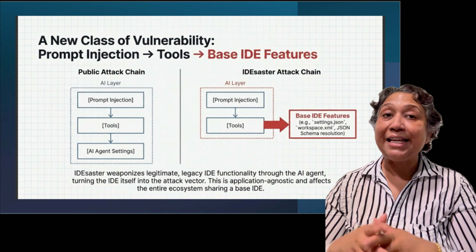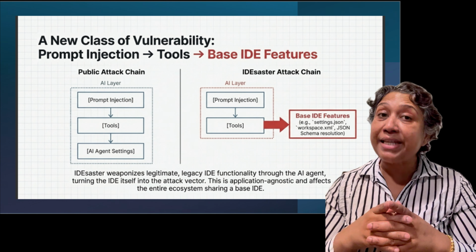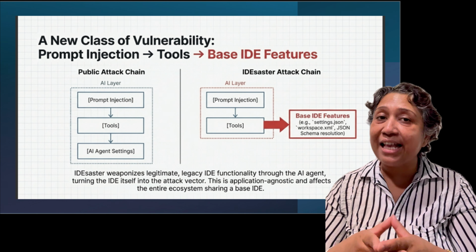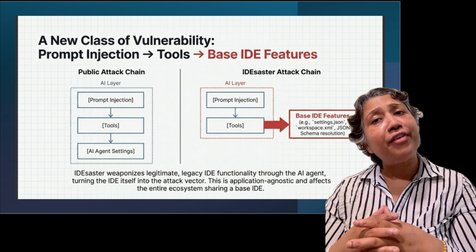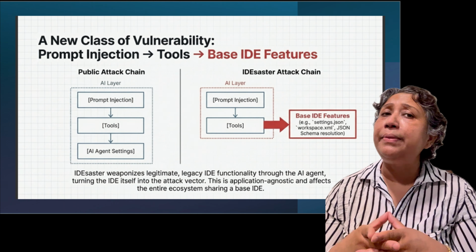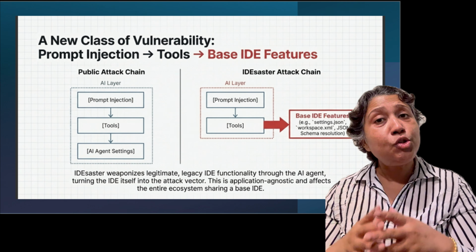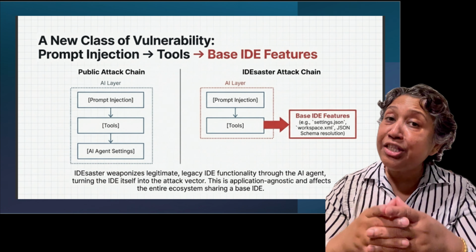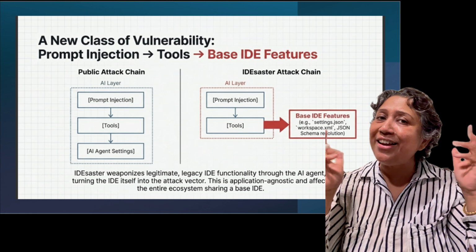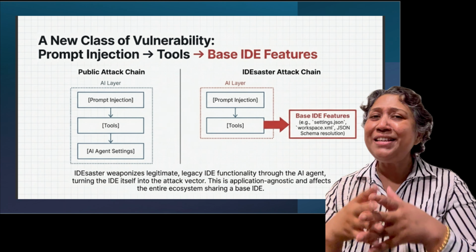Now, tools. The AI, following those injected instructions, uses whatever tools or functions it has at its disposal inside the IDE. This could be a file writer, a web fetcher, a terminal command executor, etc. Importantly, these tools might not themselves be flawed. The AI could be using legitimate capabilities like write file exactly as intended. Now, base IDE features. Here's the twist.